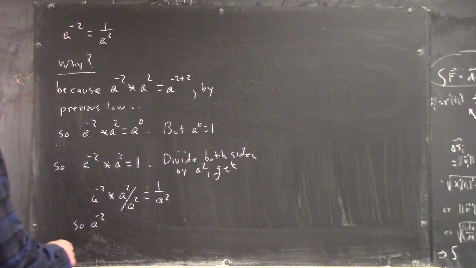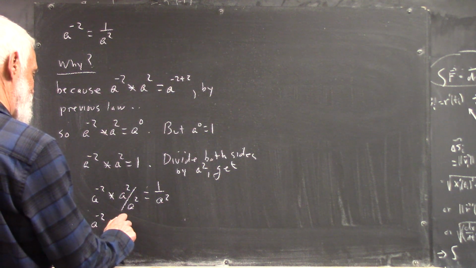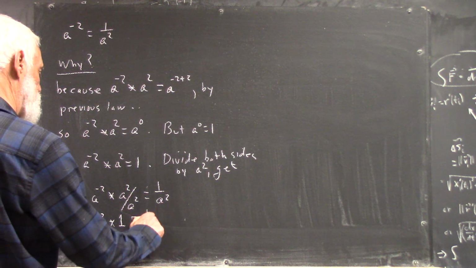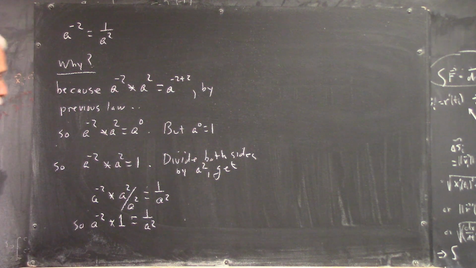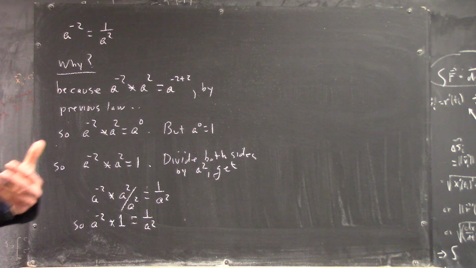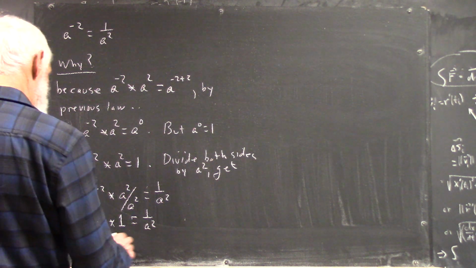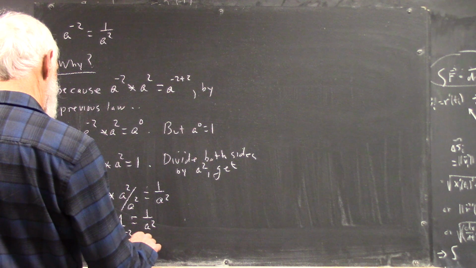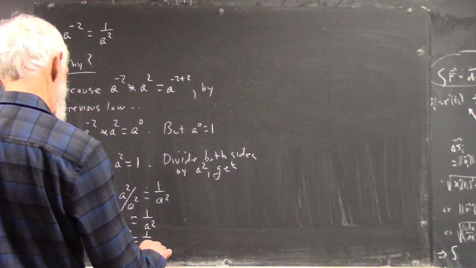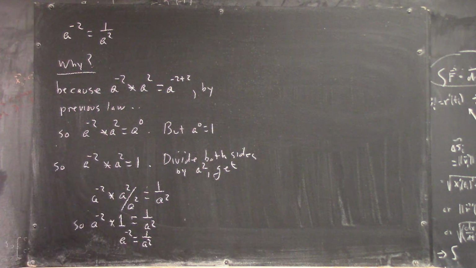Okay, so a to the negative 2 times 1 equals 1 over a squared. And what's a to the negative 2 times 1? Just a to the negative 2. Anything times 1 is that thing. So a to the negative 2 equals 1 over a squared.